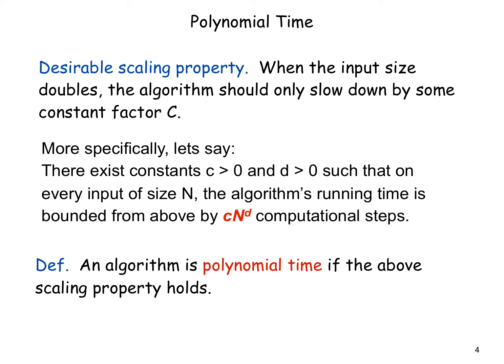Or a better way to put that is if we have constants c and d both greater than 0, such that for every input of size n, the algorithm's running time is bounded from above by c times n to the d computational steps, so that the upper bound of how complex the algorithm is can be described by a polynomial. And so this is what a polynomial algorithm is.